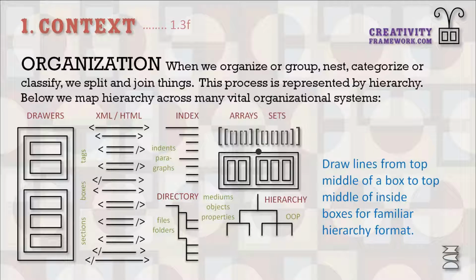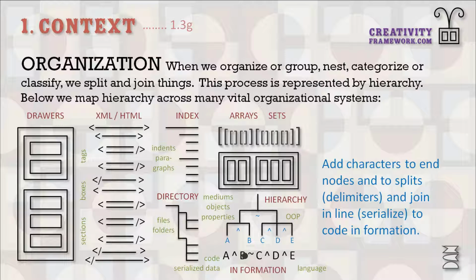Now if we draw a line from the center of the outside box to the center of the inside boxes, and then draw a line from the center of the inside down to its innermost 2, and over on this side to its innermost 3, you get this exact mapping of a traditional hierarchy diagram, which we often use to map out our classes in object-oriented programming, etc. If we put letters down on the leaf nodes, on the end nodes there, A, B, C, D, E, and we use the delimiters that split on the different levels, we get this, and that is information.